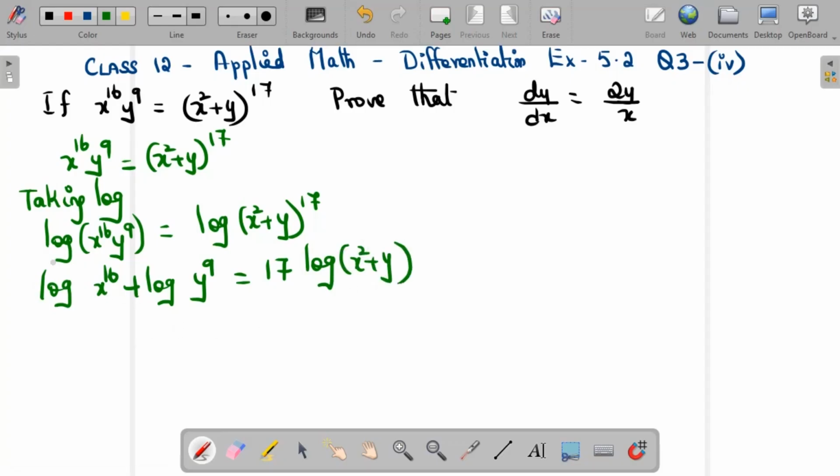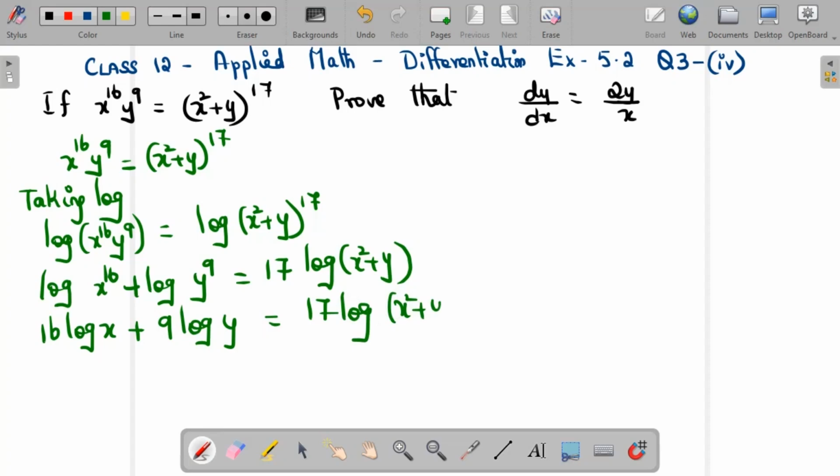Again, log a^m is m log a. So it is 16 log x plus 9 log y is equal to 17 times log of (x² + y).